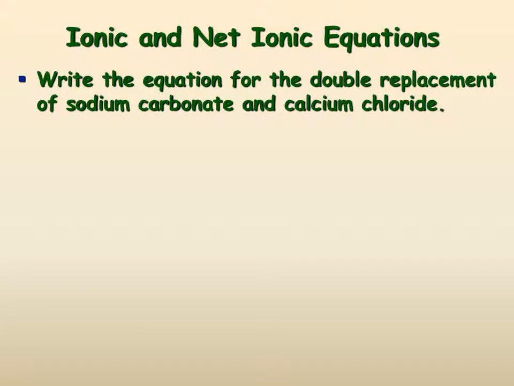So something that comes in handy with solutions are ionic and net ionic equations. A lab that we've done before, which involves solutions, was our reaction of sodium carbonate and calcium chloride. The first thing, if you're asked for an ionic or a net ionic equation, you still need to write out the normal equation first to get your balancing done.